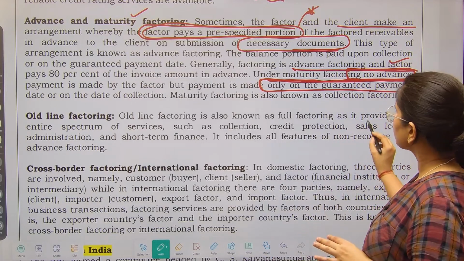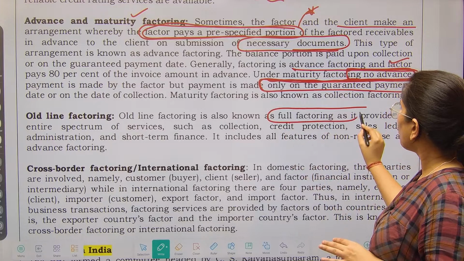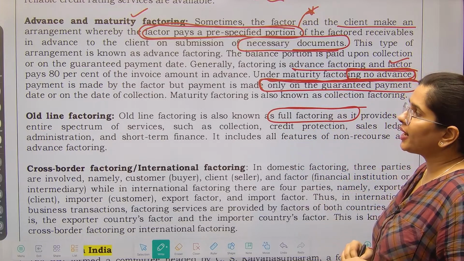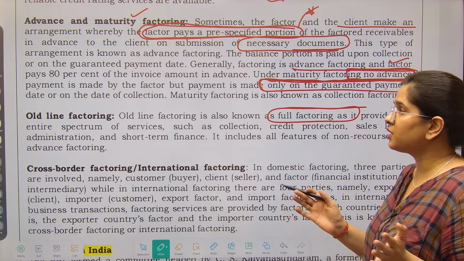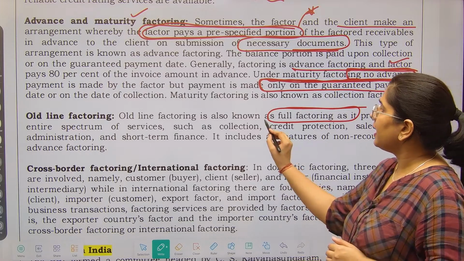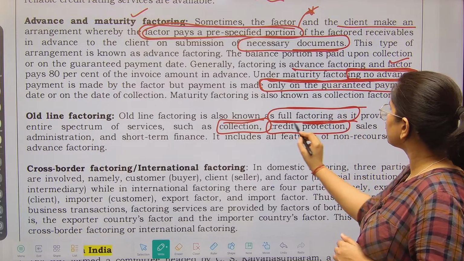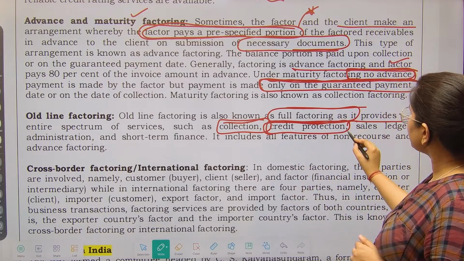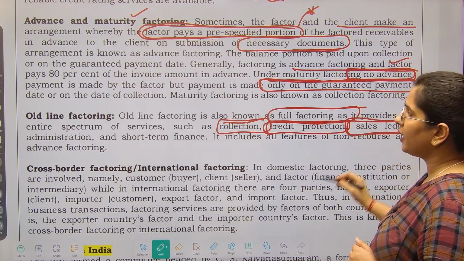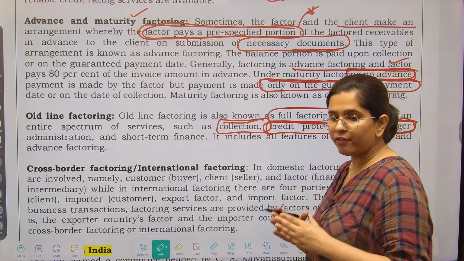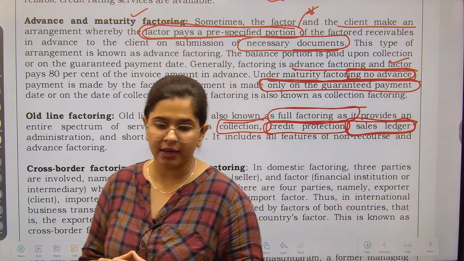Old line factoring is also known as full factoring, as it provides all the services together. What kind of services? Collection services, credit protection, credit sales ledger administration, and short term finance, everything is provided under this.